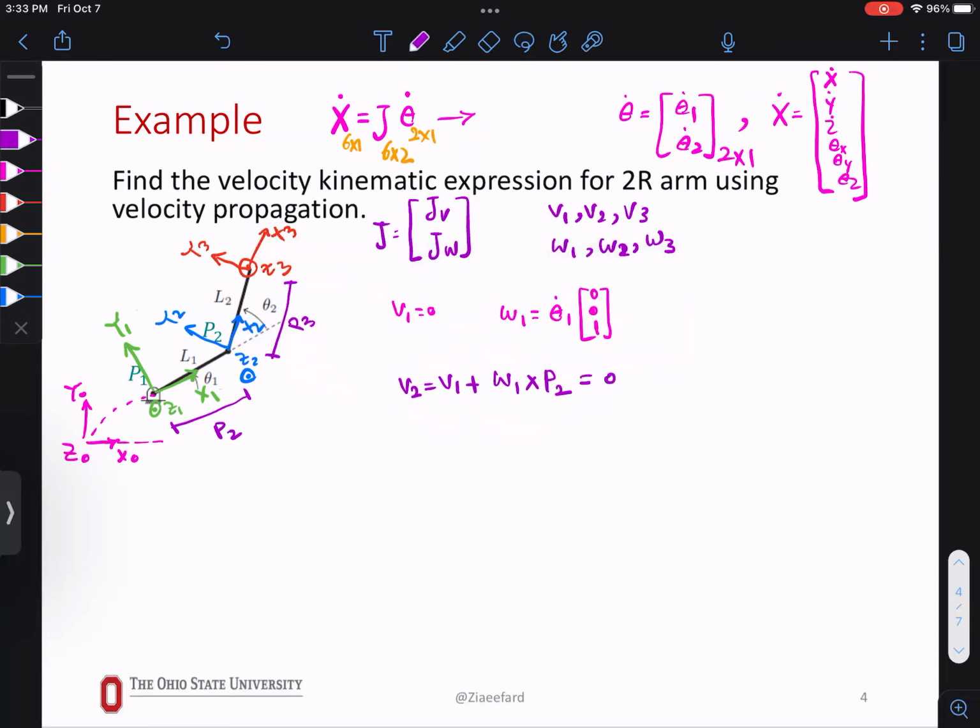So V1 is 0 plus omega 1, which is theta dot 1 times 0, 0, 1, cross product of, okay, here you have to find this distance in frame 1, because we are finding it in that same frame that they are at.